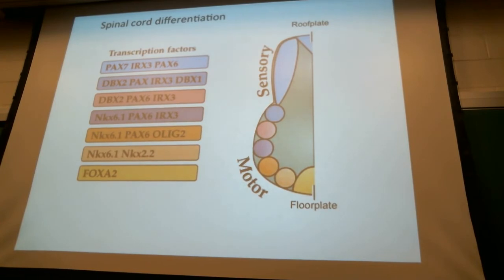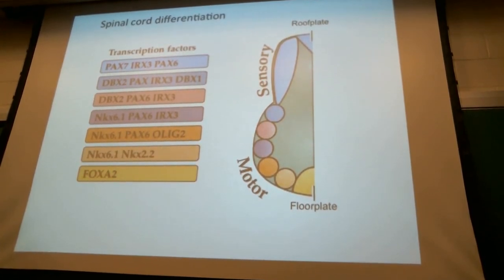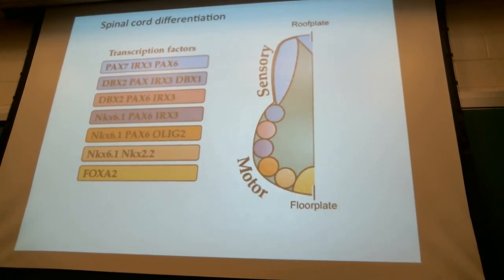So the dorsal part close to the roof plate will become sensory neurons, and then the ventral part will become motor neurons, different types of motor neurons, and the set of transcription factors which determines these cell fates will be this, and it's nicely color coded. And like I said, it's intimidating to see so many 3 letters and a number, and some of them even have decimals, but they're just transcription factors.